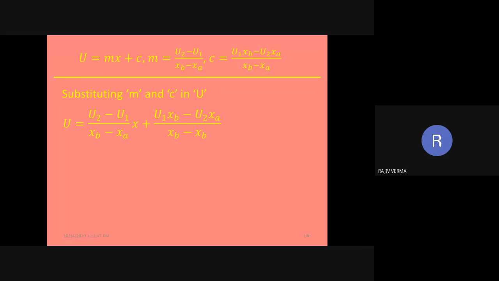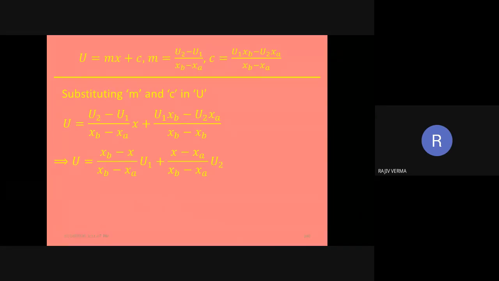And the next step is to slightly rearrange the terms in a particular form such that u1 and u2 come out.